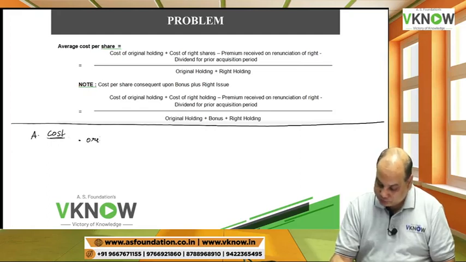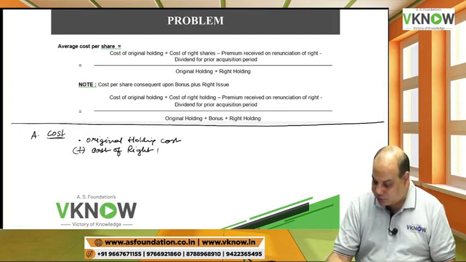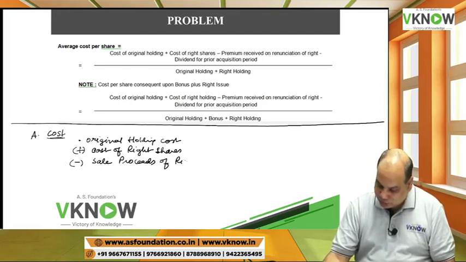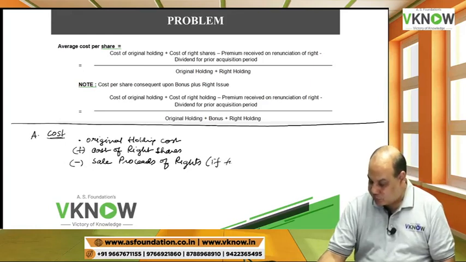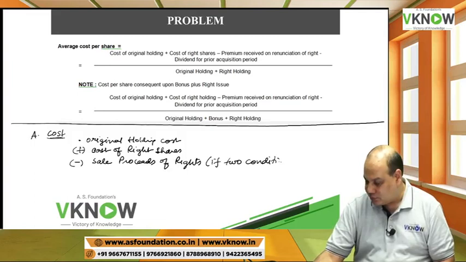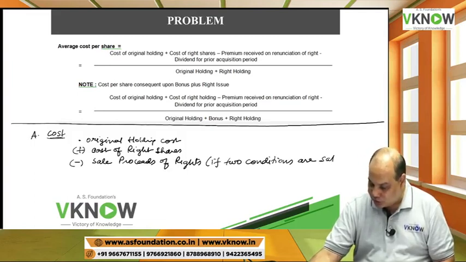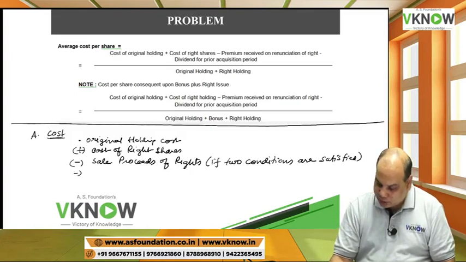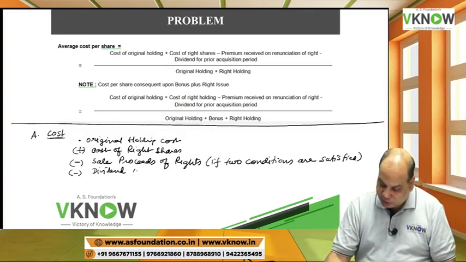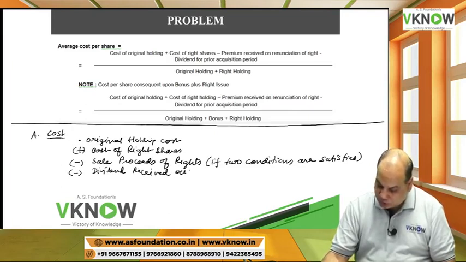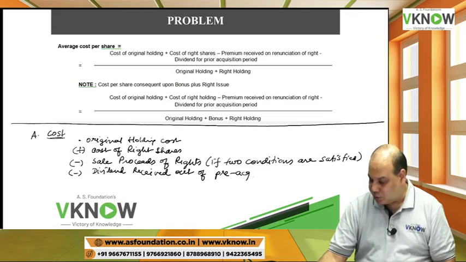For that, you will take the original holding cost, plus you will add the cost of right shares, that is the right holding, minus sale proceeds of rights, if two conditions are satisfied, minus dividend received out of pre-acquisition profit.